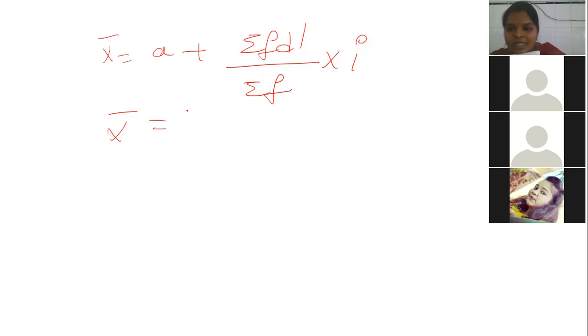So these are the arithmetic mean calculations for various data. And till now we have seen three different series, no? Individual, discrete, continuous, for calculation of this arithmetic mean.